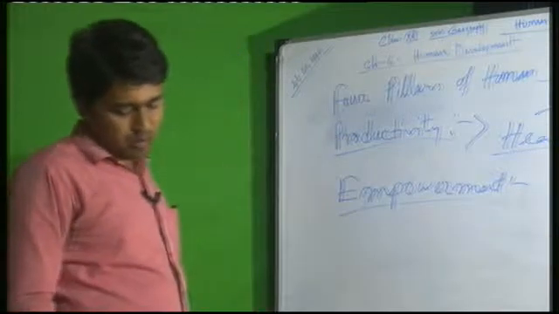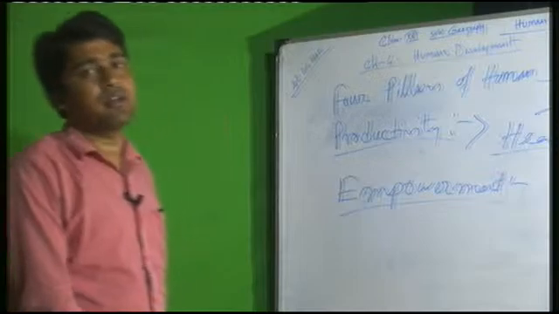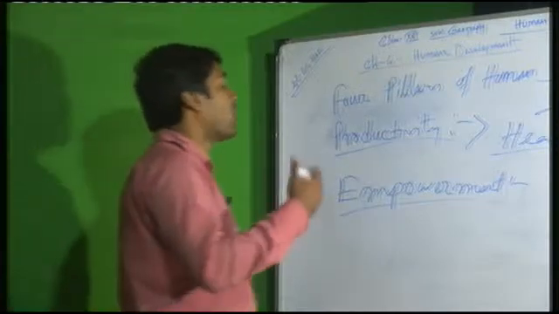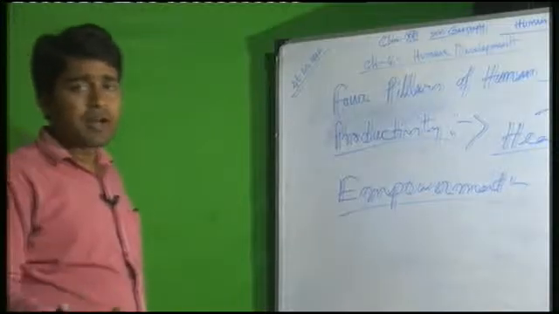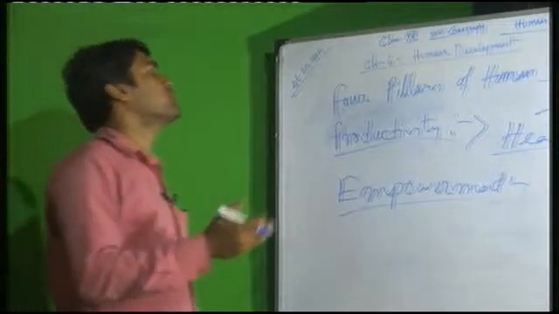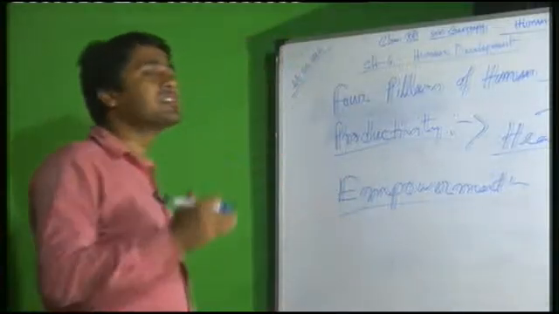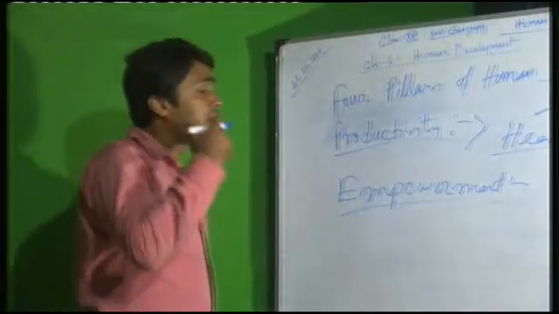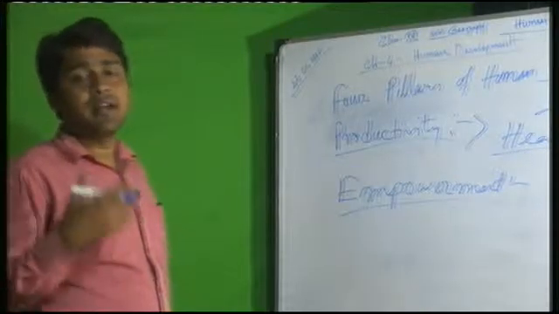The empowerment of socially and economically disadvantaged groups is especially important. So the government introduces this type of program to encourage those people who belong to the lower and poor sections of our society, and they improve their lifestyle through government policy.